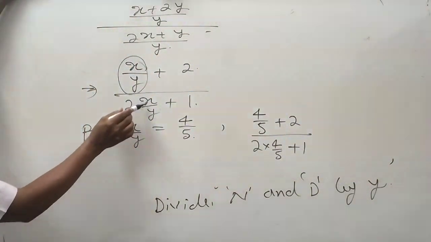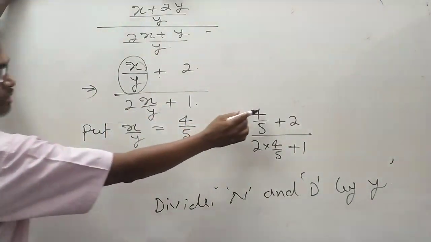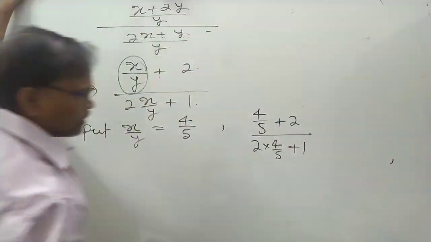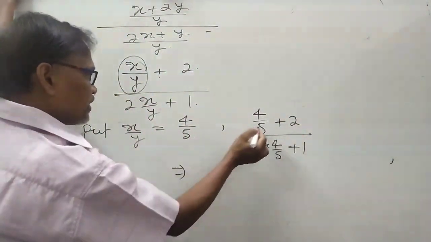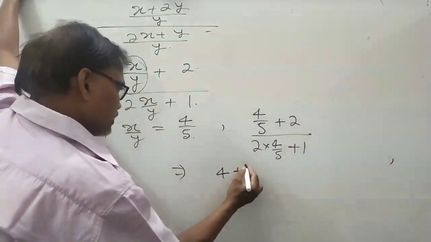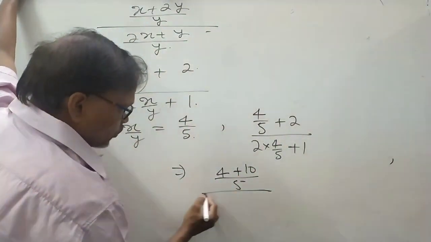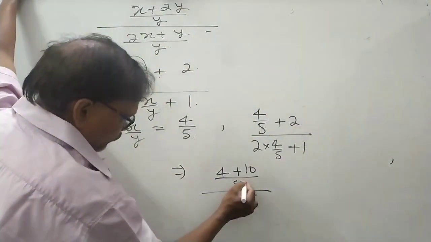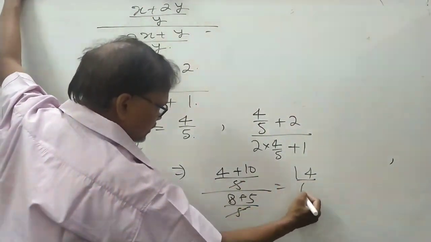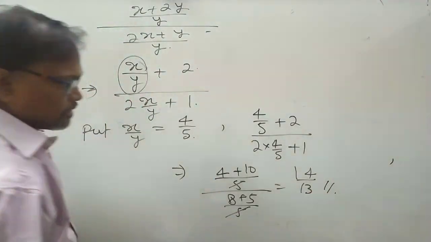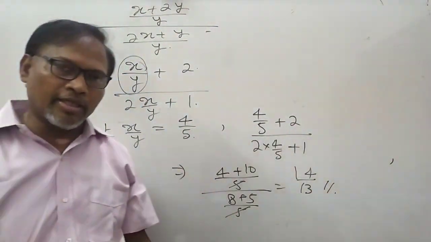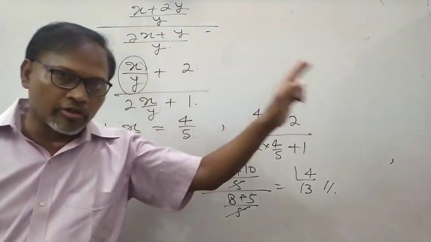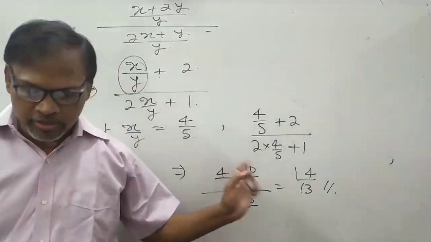Now simplify. After simplification you will get (4 plus 10 by 5) whole upon (8 plus 5 upon 5). 5 cancels, 14 upon 13. This is the first answer. Similarly, you will get the second answer when you put the value of x upon y from the second equation. So this is the question.